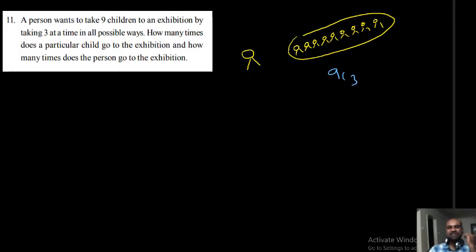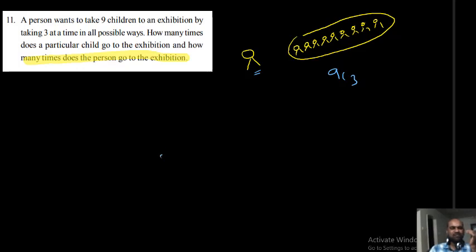So the answer for the first question: how many times does the person go to the exhibition? I can say 9C3, because 9C3 selections will be obtained from 9.